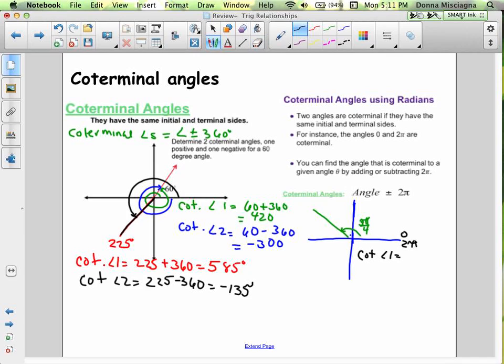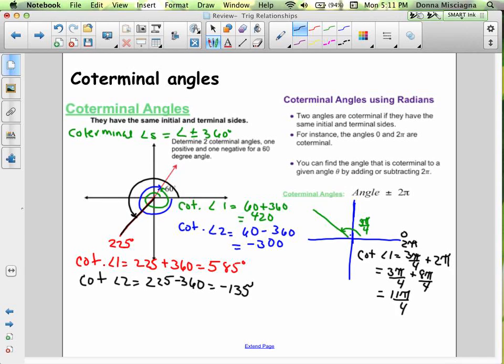We take our given angle and then we add 2 pi to it. Now, if it doesn't have the same denominator, just change the denominators to match. So 2 pi is the same as 8 pi fourths, because if you divide 8 by 4, you'd get 2. So 3 pi fourths plus 8 pi fourths is 11 pi fourths.